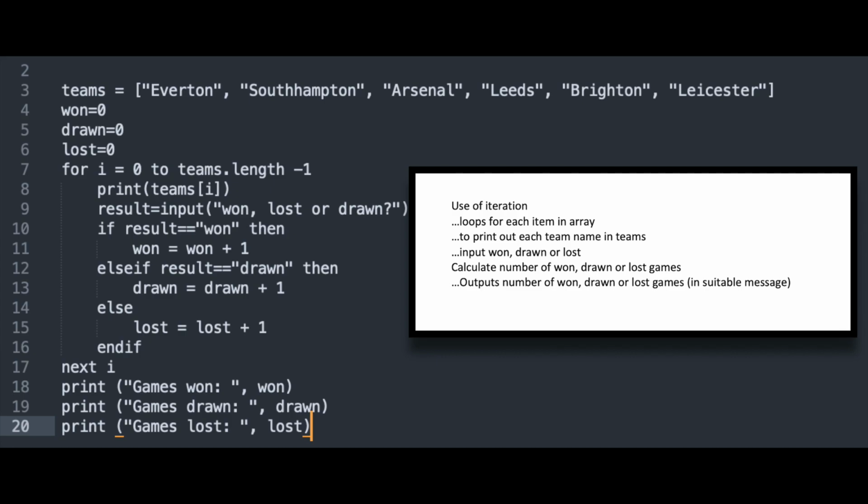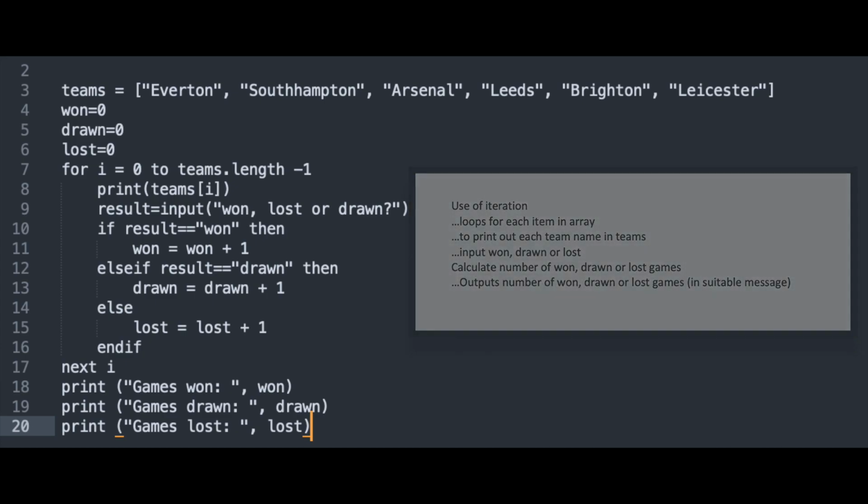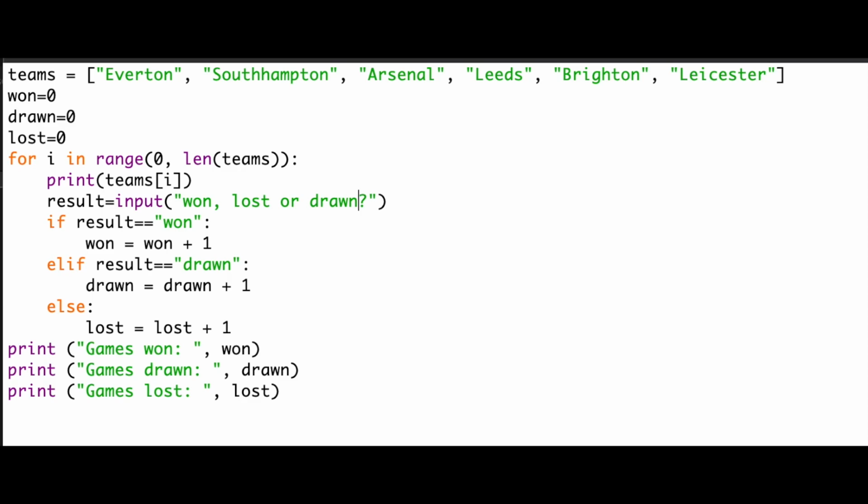So hopefully this marks breakdown has helped. I've now taken our pseudocode, brought it into Python, made the slight modifications required to make it work and meet the criteria for the syntax rules of Python. So we have our array declaration, our variable declarations, our for loop slightly changed because we're using the range command going from 0 to the length of the array.